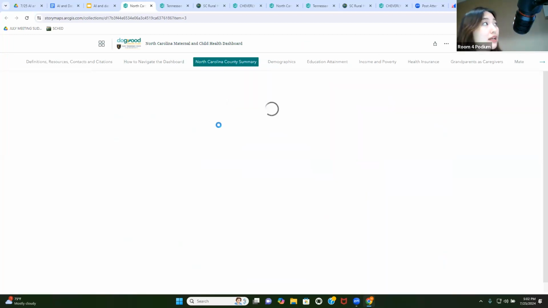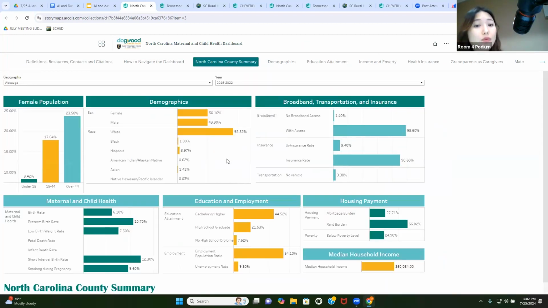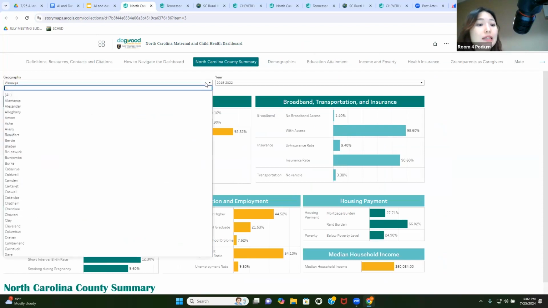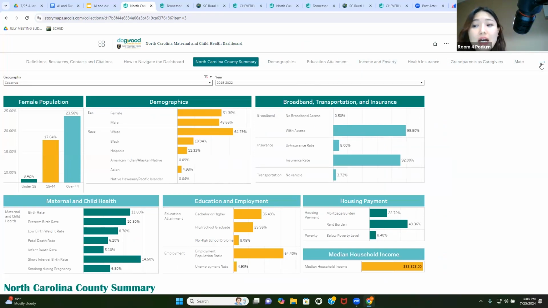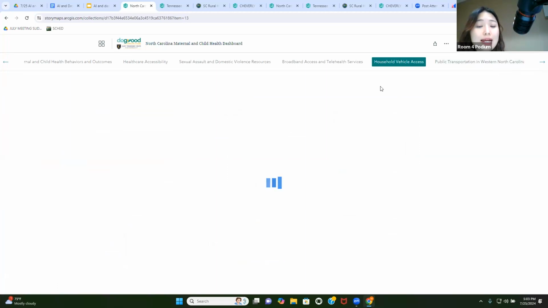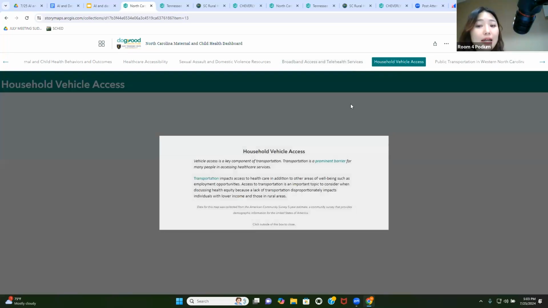We have a county summary like what I did for the Tennessee one, but this one has it for each county. And we also have all different kinds of information like income, poverty, education, household vehicle access, broadband, and telehealth.